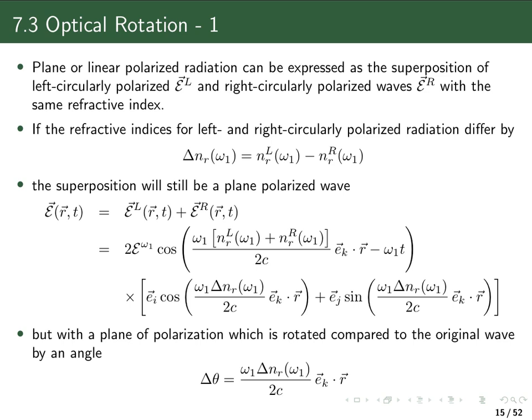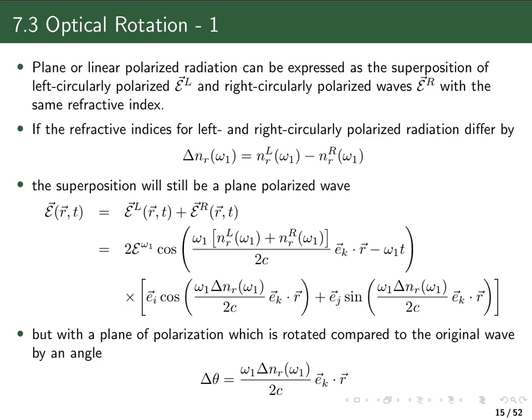As you can see here, that is just the expression for plane polarized light in a medium having this refractive index. But the plane of polarization of this plane polarized wave is now rotated compared to the original wave, meaning the wave where the difference between left and right refractive index is zero.